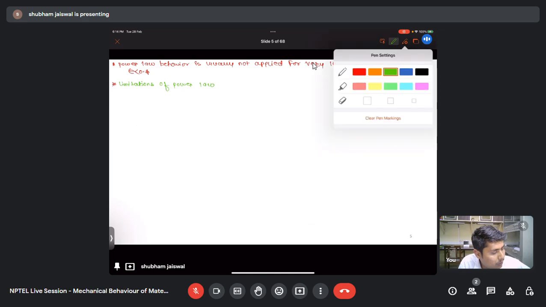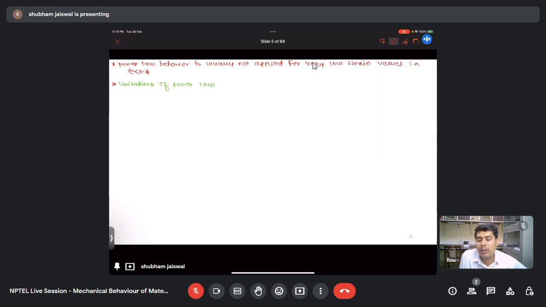So what are the limitations of power law? The first limitation is it is not so reliable for low strain.